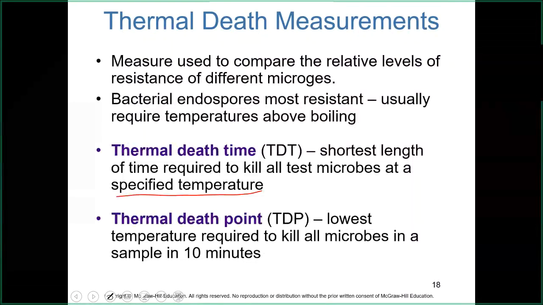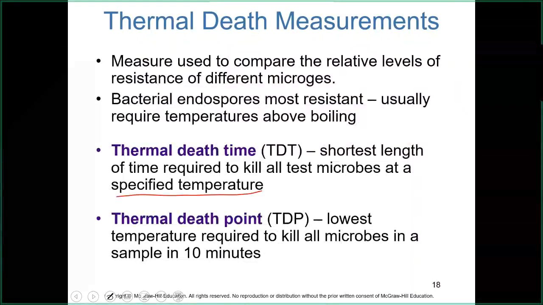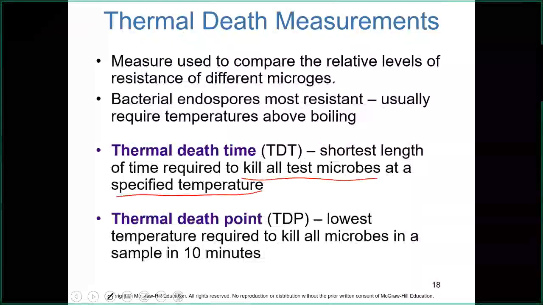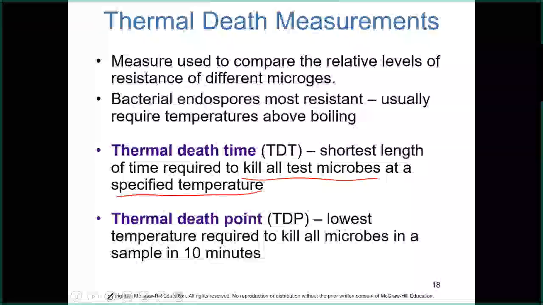If I elevated it to 110 degrees centigrade, it might only take 45 minutes, right? So the amount of time that it takes for a given temperature to reach sterilization is the thermal death time. Let's kill all test microbes. That's the shortest time for that. And generally, as temperature goes up, TDT is going to go down, right? That's almost always the case.